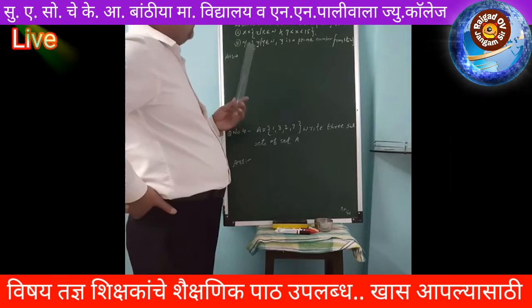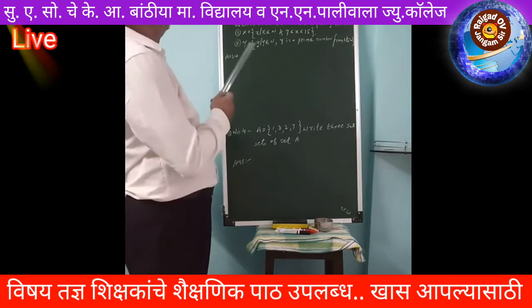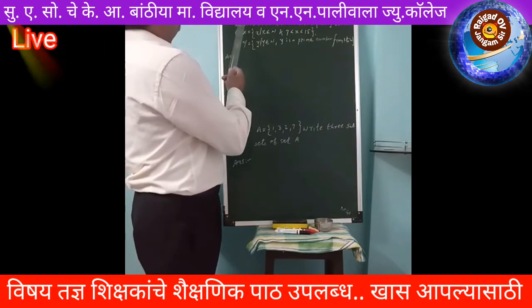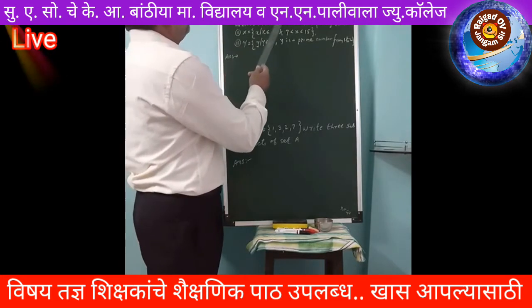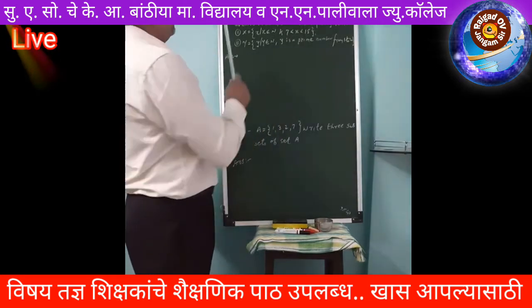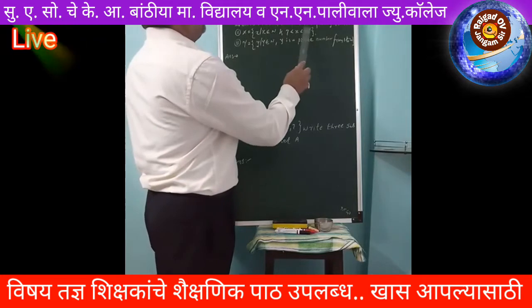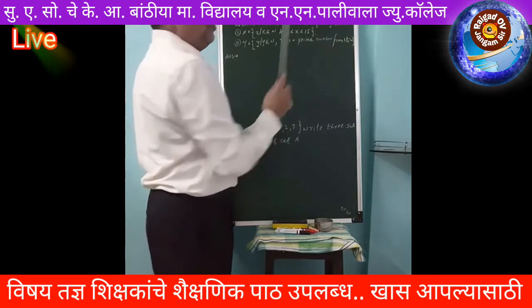Now we can solve question number 2. See here, question number 2. Take the set of natural numbers from 1 to 20 as a universal set and show set X and set Y using a Venn diagram.